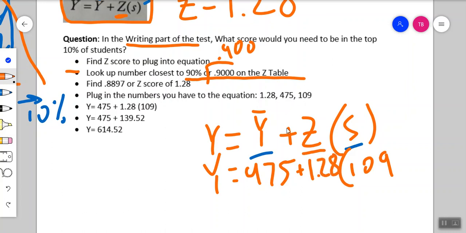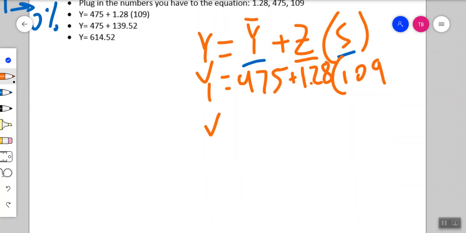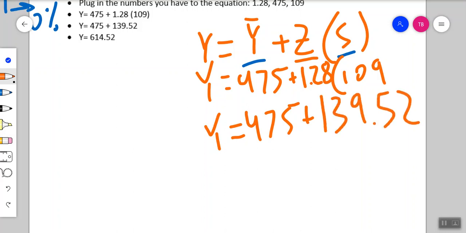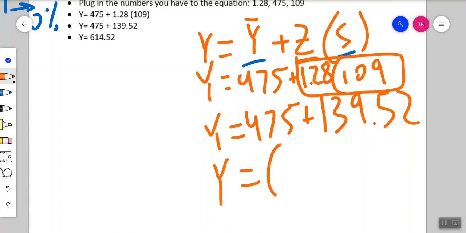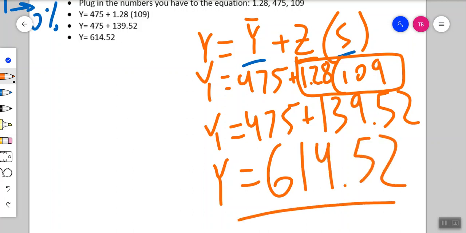Now you just do the math. y equals 475 plus 139.52, and all I did here is multiply these two. Then you do the final addition: y equals 614.52. That would be the score you would need to be in the top 10%.